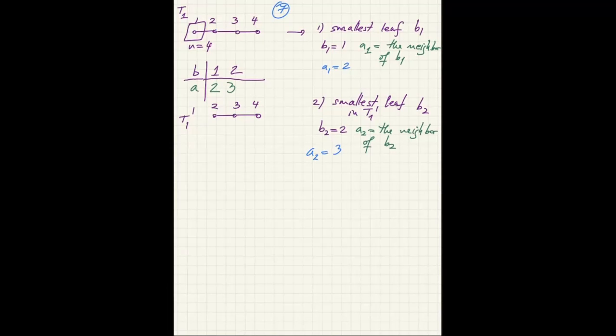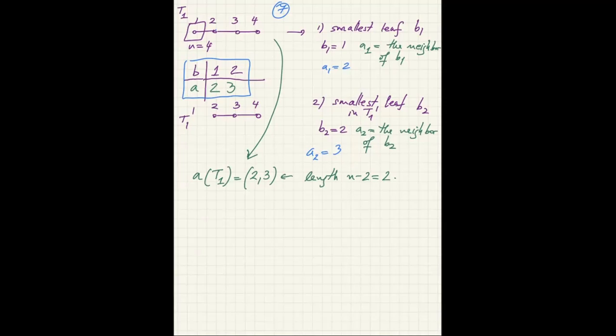Okay, and now we are going to stop because we have reached the end. So what do we have now? We have this table, and the Prufer code of this tree, denoted by A of T1, consists of just the entries 2 and 3. And it has length n minus 2, which equals 2.